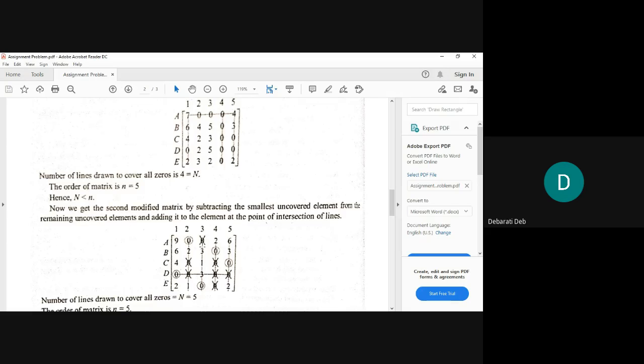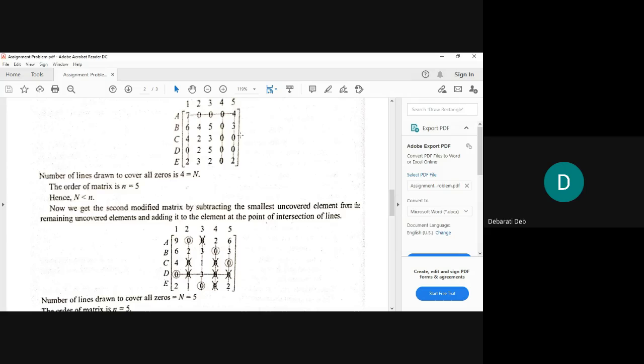So from all those elements, we will deduct 2. In the second column, after 0, which you have written already, we will write 4 minus 2, that is 2. Then 2 minus 2, that is 0. 2 minus 2, that is 0. Then 3 minus 2, that is 1.